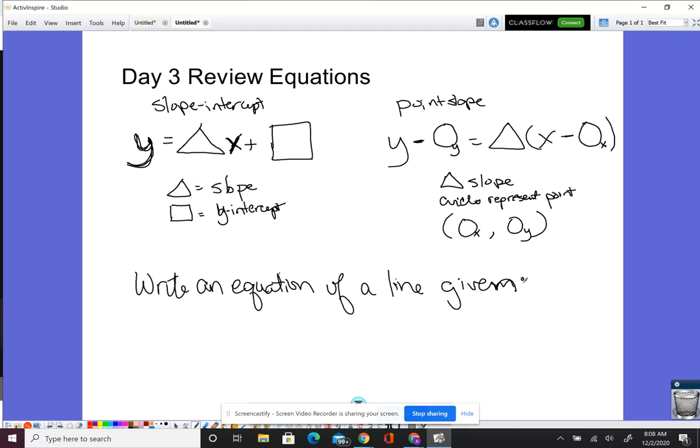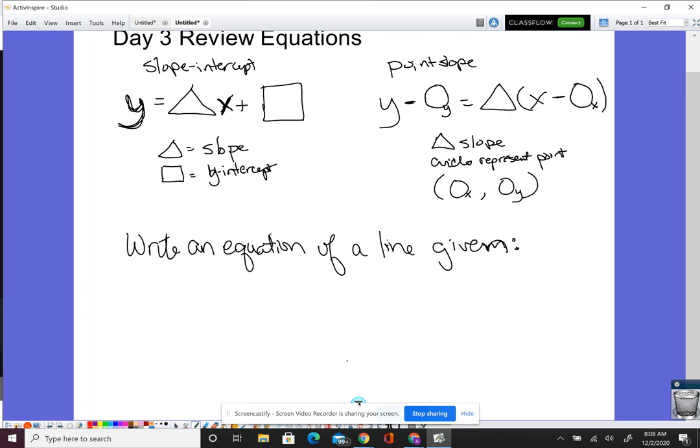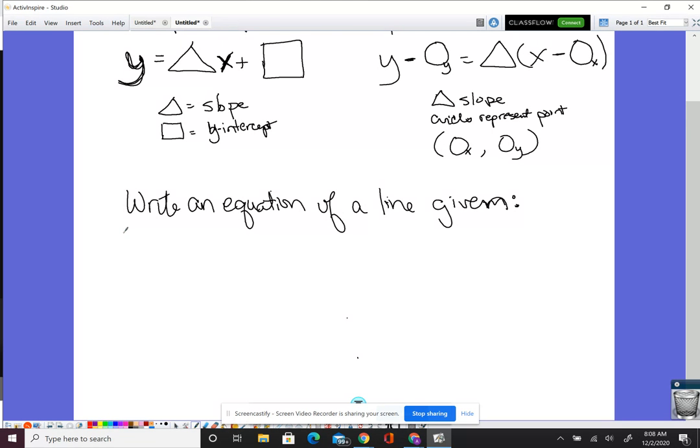they'll say write an equation of a line given, and then they'll give you some options. So the first one, that the slope is equal to 2/3 and y-intercept equals 5. So they give you the slope and the y-intercept.